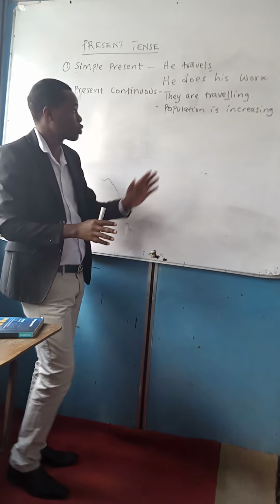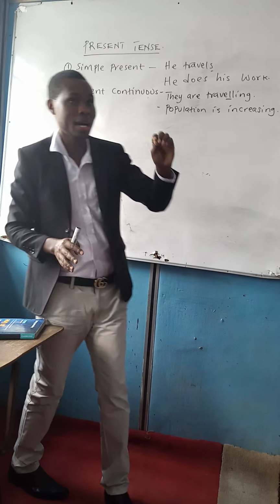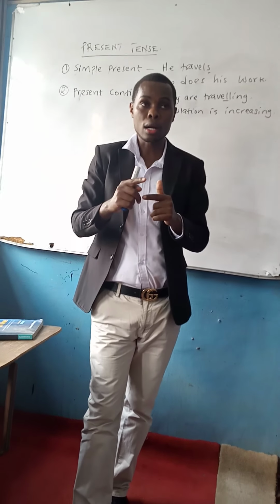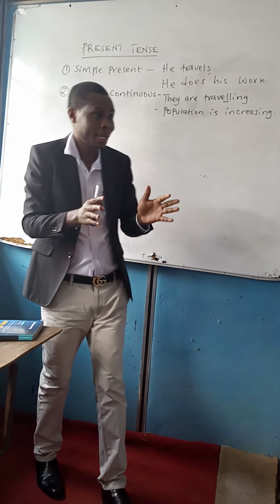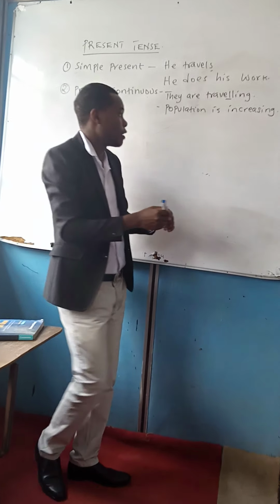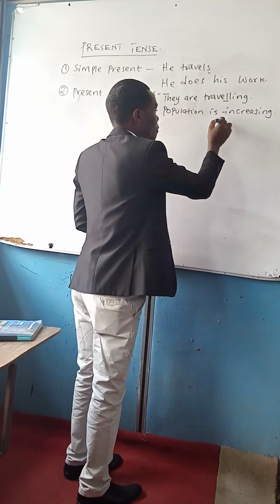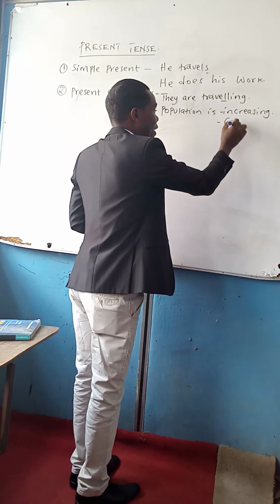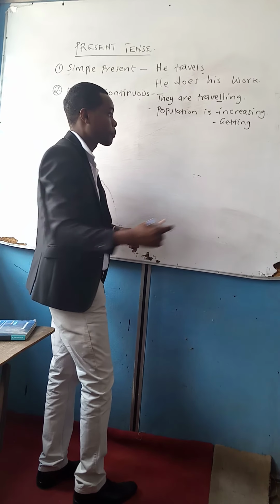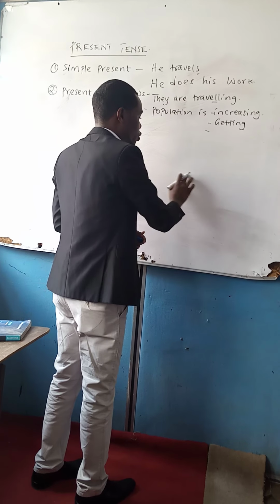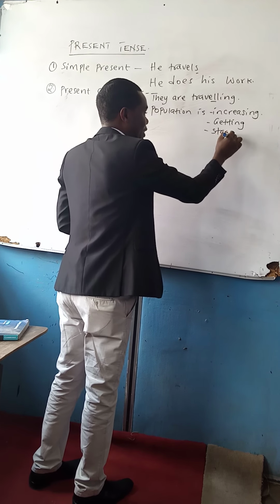So when we use this tense to say that something is changing, we use verbs like increase. We also use verbs like getting. For example, when I say your health is getting better and better. We also use verbs like starting.